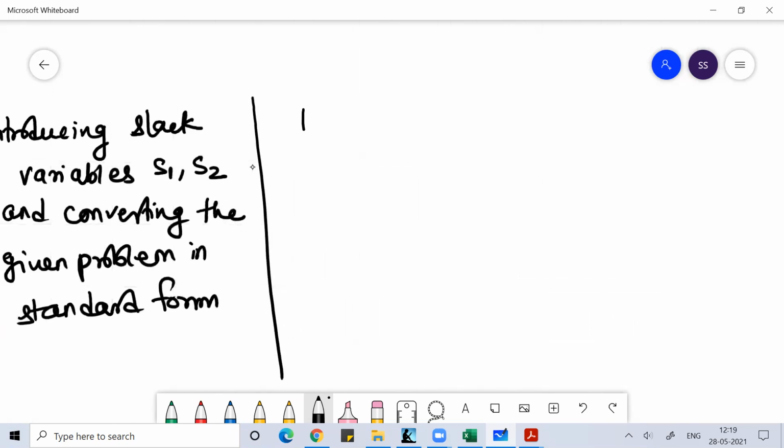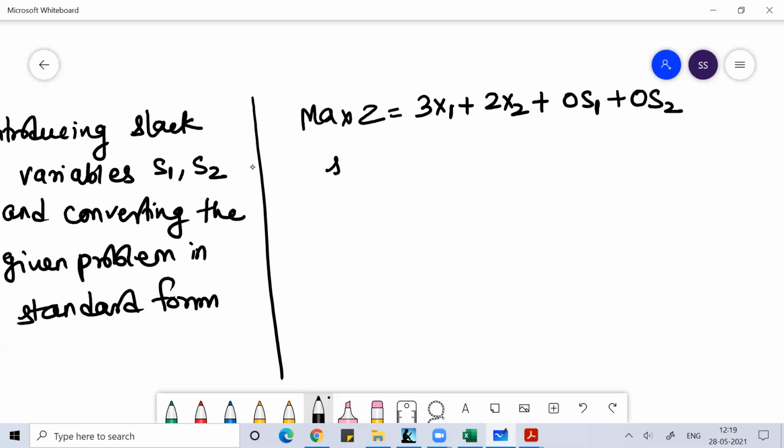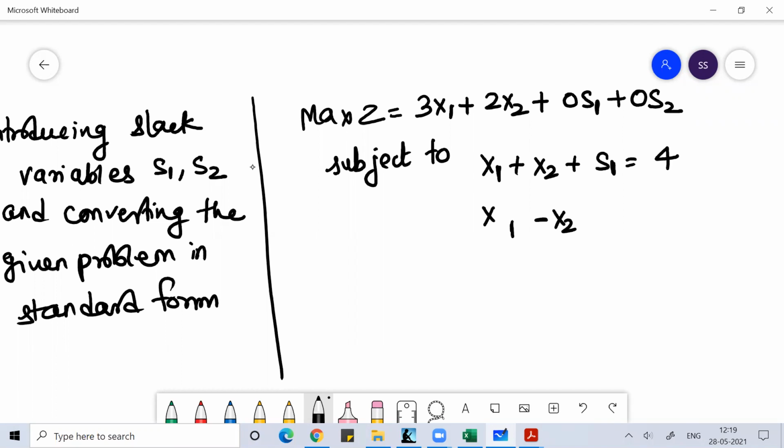So if you write it in standard form, your objective function will be maximum of z equal to 3x1 plus 2x2 plus 0s1 plus 0s2, subject to your constraints: x1 plus x2 plus s1 is equal to 4, and x1 minus x2 plus s2 is equal to 2, where x1, x2, s1, s2 should be greater than or equal to 0.